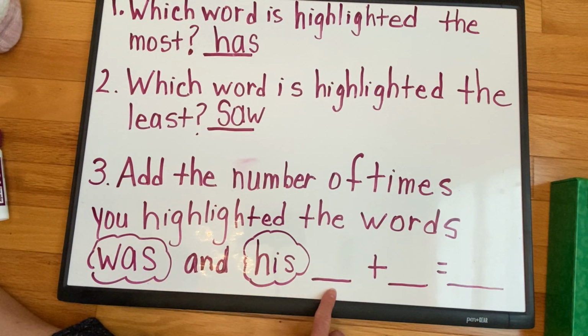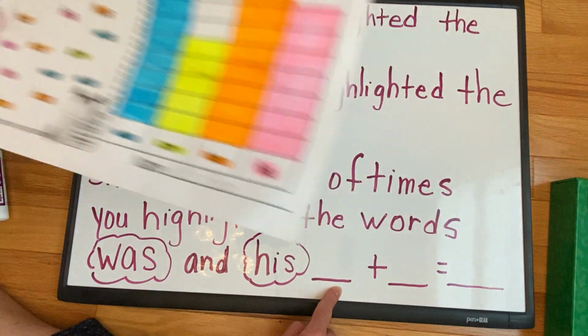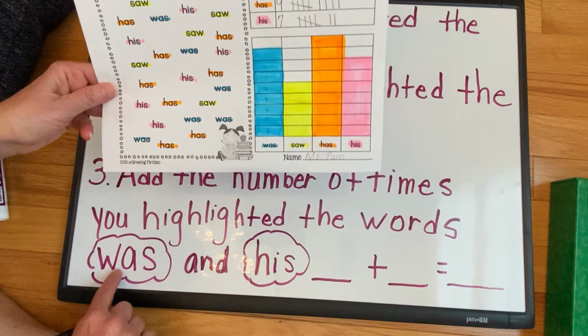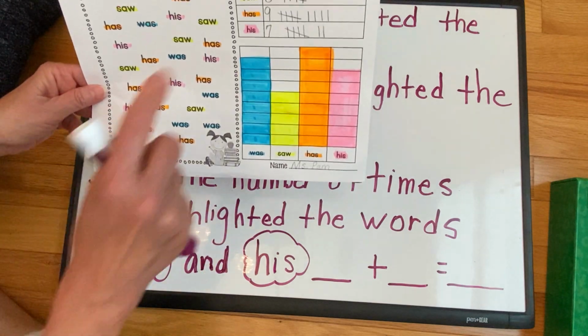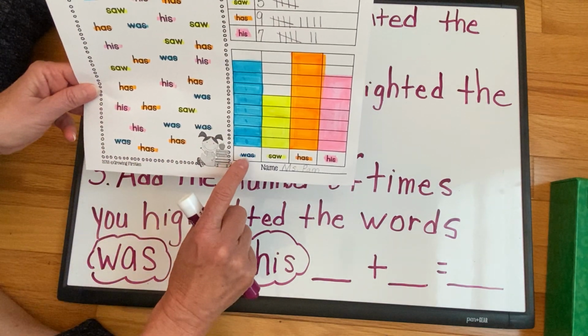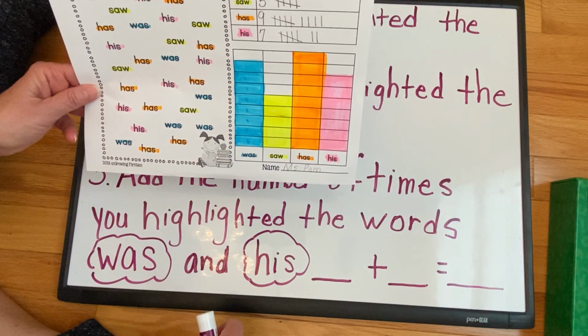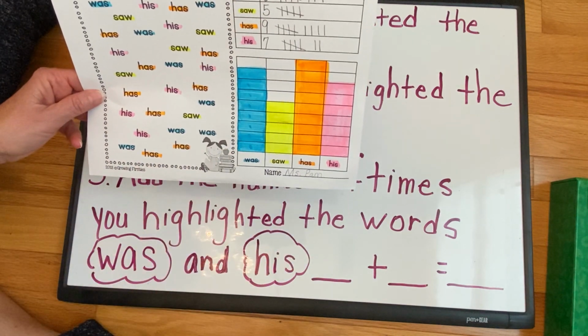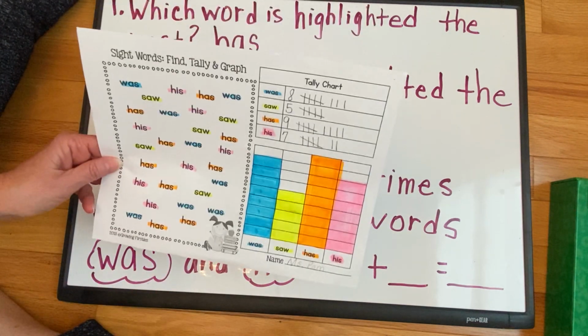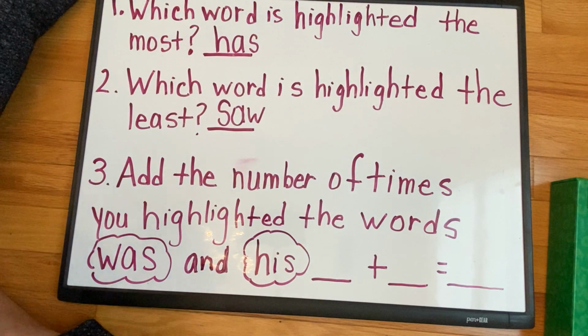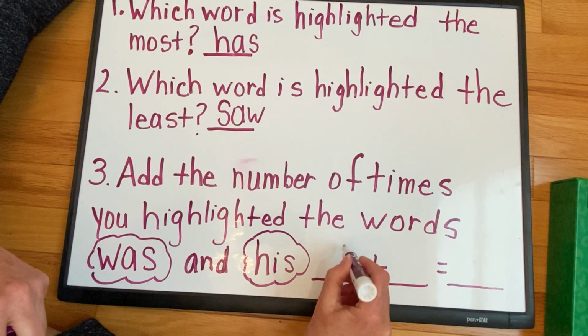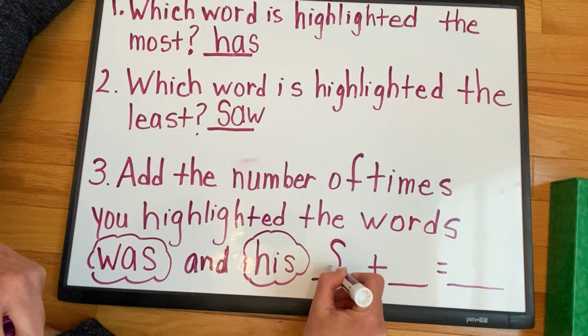Now, look over here at our equation model. The first thing you have to do is go back to your worksheet, find the word was on either your tally chart or your graph. And how many times did we highlight that word? That's right, 8. So we're going to write 8 on the whiteboard.